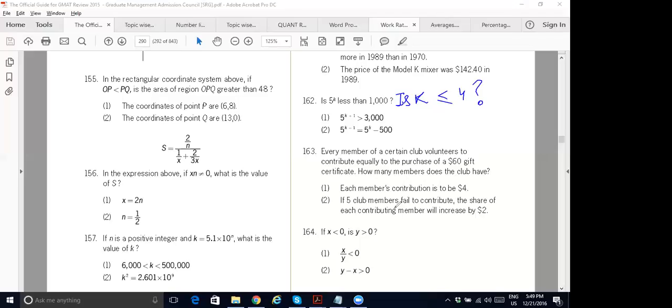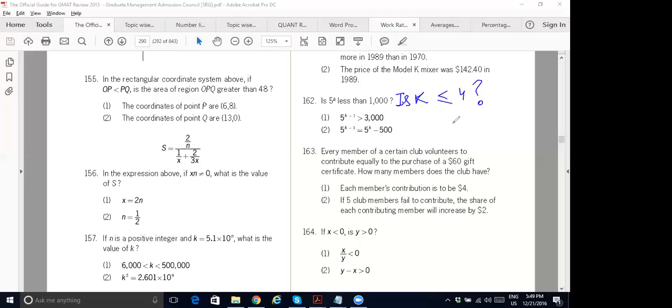So the minimum that you're going to need between k minus 1 and k... basically, the second statement is saying the difference between consecutive powers of 5 is 500.